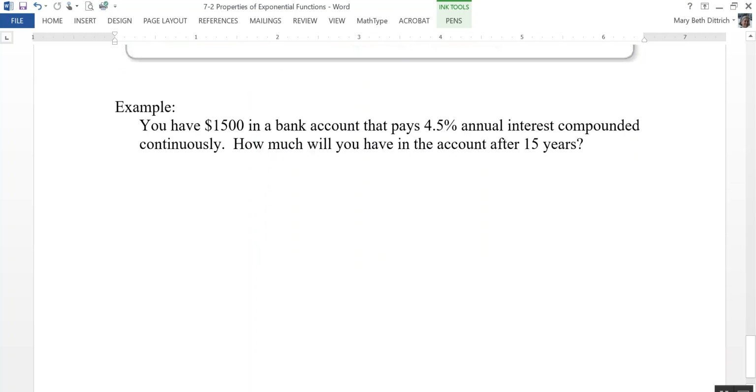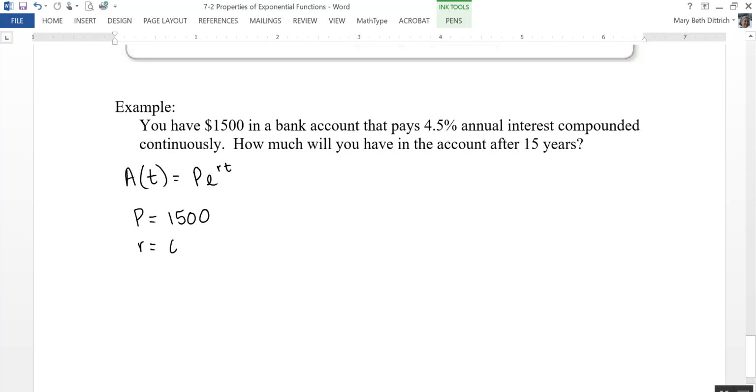So you have $1,500 in a bank account that pays 4.5% annual interest compounded continuously. How much will you have in the account after 15 years? So we're going to use our formula. A of t is equal to P times e raised to the power of rt. My principal in this case is $1,500, the amount that I initially put in the account.